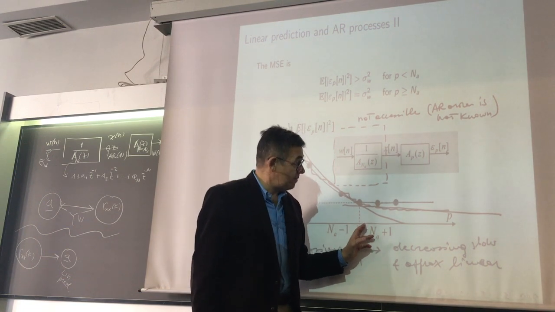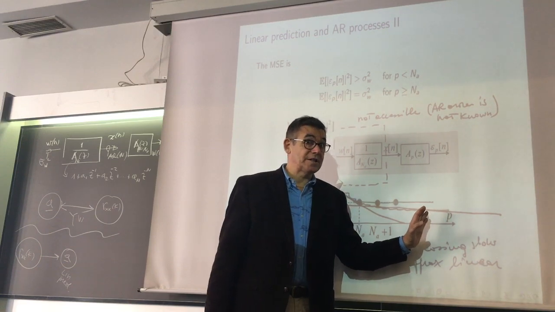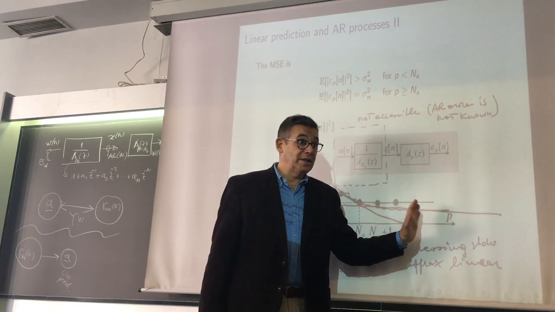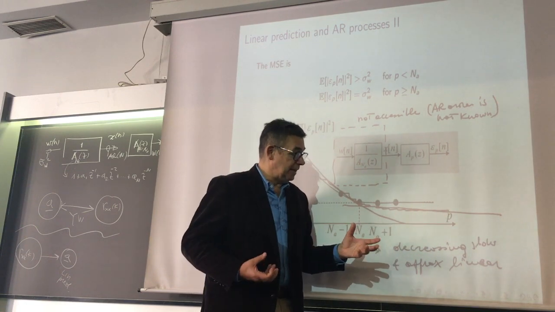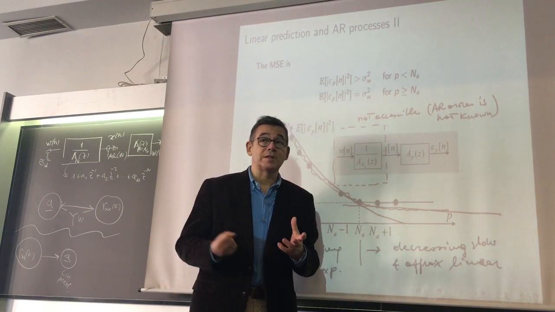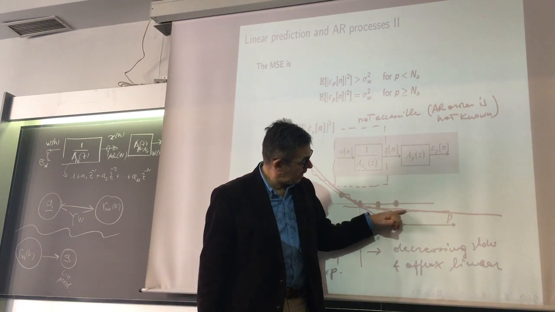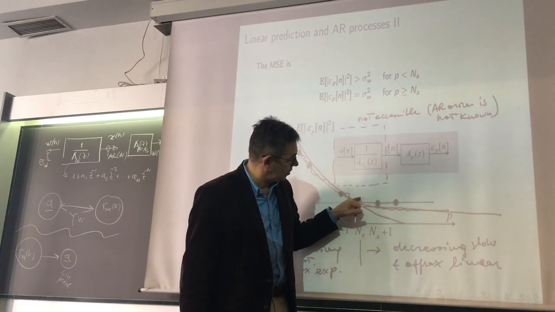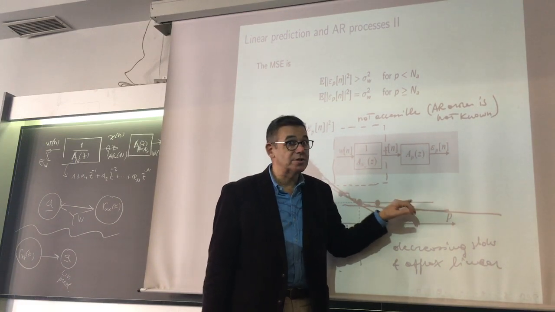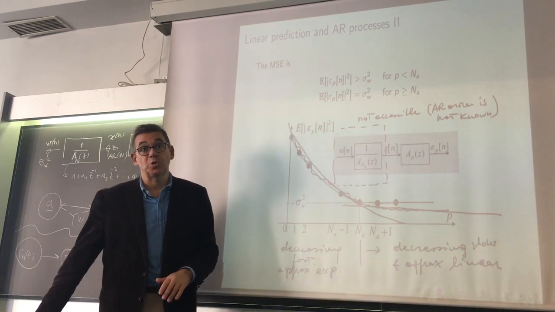But because I'm using a sample value, the coefficients are still fluctuating. And this fluctuation makes the linear prediction always try to minimize the error. So perhaps the error does not reach exactly sigma squared W, it stays at a higher point, and then it will slowly try to minimize that. That's what you see in the experiment.